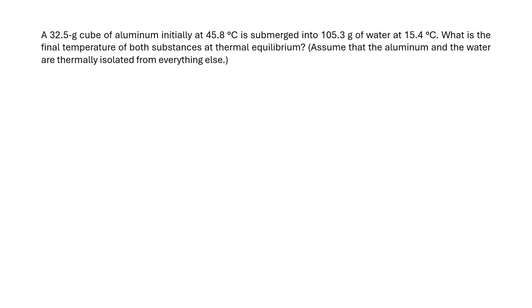We just said that Q of the system is equal to negative Q of the surroundings, and the system in this case is the aluminum metal. So Q of the aluminum is equal to negative Q of water. Water is our surroundings.